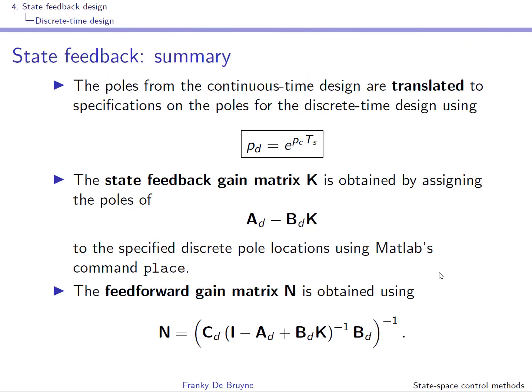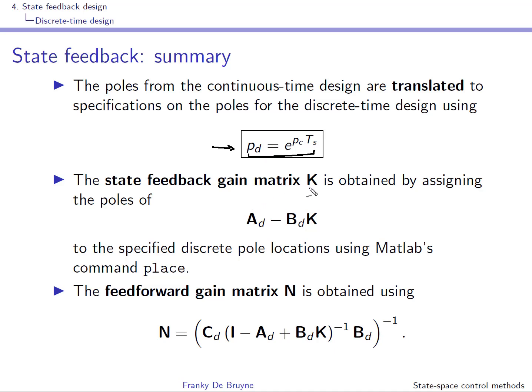So here's a summary of the method in discrete time. You take the poles of your continuous design and you translate them to specifications on the poles for discrete time design using this relation over here. Once you have obtained a state space description in discrete time, and you can obtain it using the command c2d, right? You're using the ZOH discretization method.